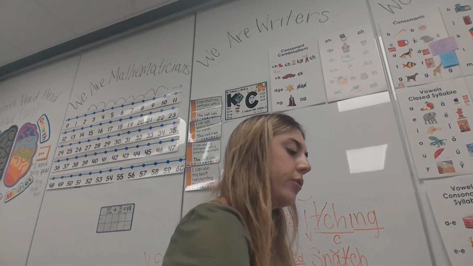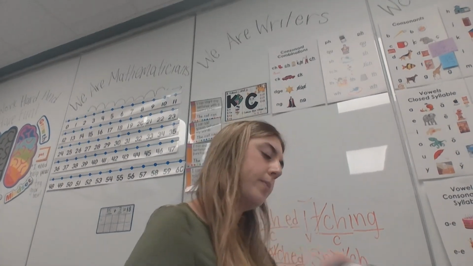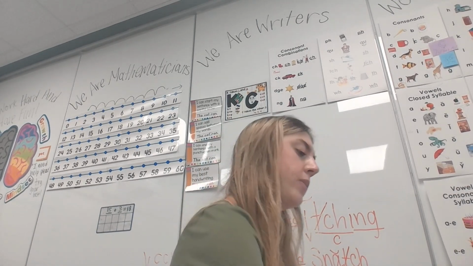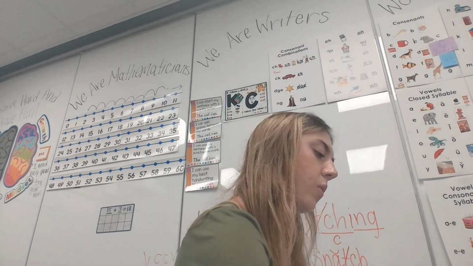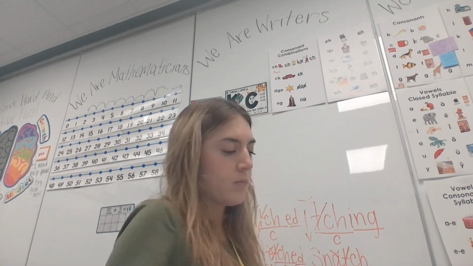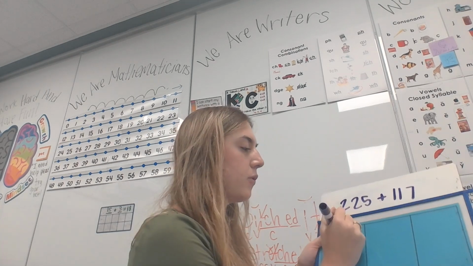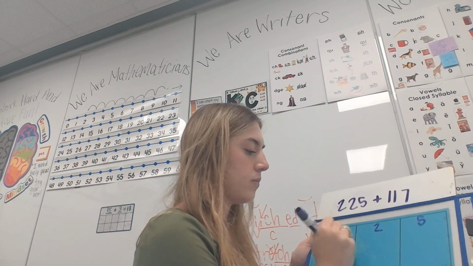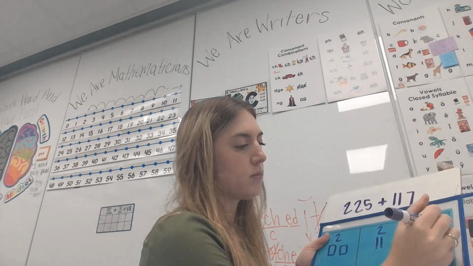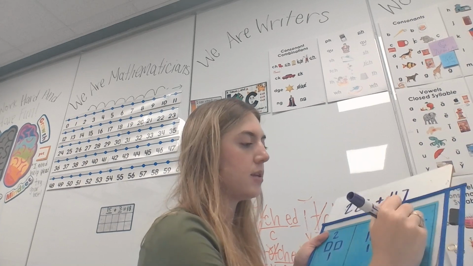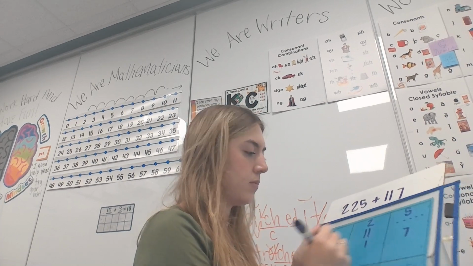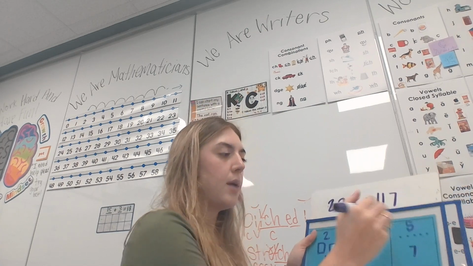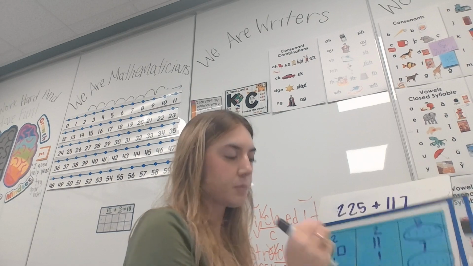If you were having to regroup, I'm going to do an example of regrouping. This time it'll be 225 again plus 117. Okay, I'm going to do just what we did before, 225 and 117. I'm going to do my ones place first.